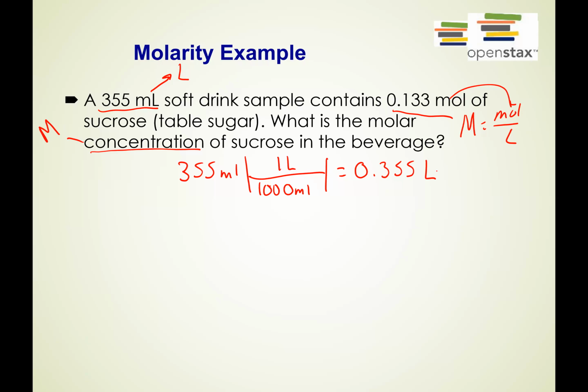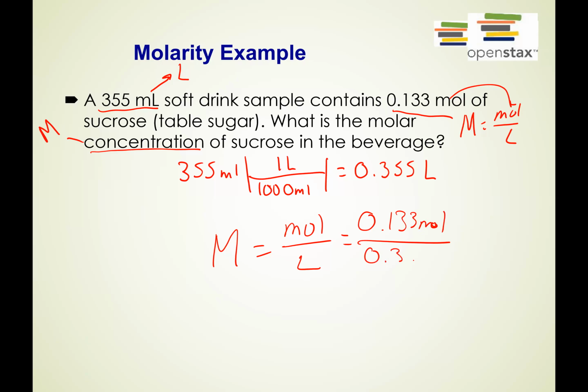Then our molarity is going to be moles over liters: 0.133 moles over 0.355 liters. How many sig figs are we going to have? 0.133 has 3 sig figs, so we're going to have 3 sig figs.